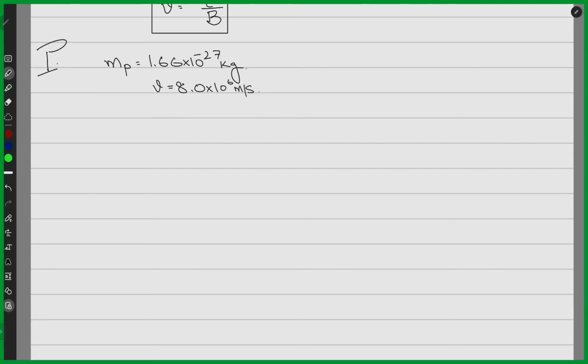So what I want to do is accelerate this proton so that it can achieve this velocity. For that, what potential difference will I need to apply to this proton such that it is accelerated to this value of speed?